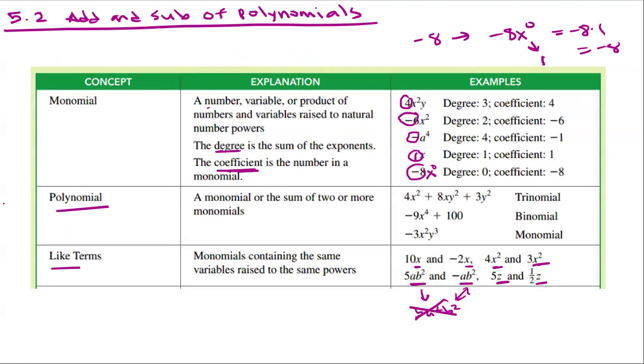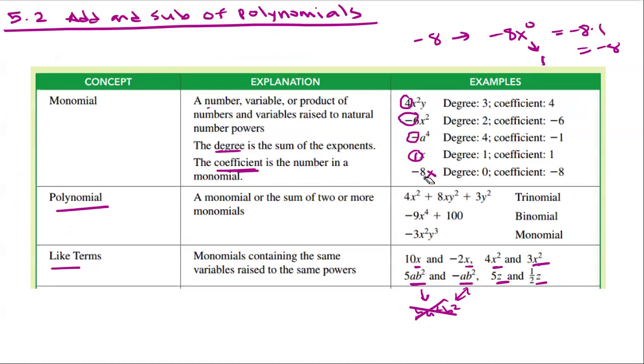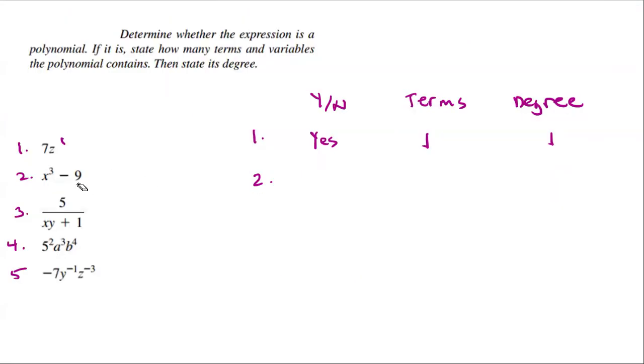You can have just a number, right? So erase this part here, right? You can just have a number, all right? But normally that number is x to the 0 power. They don't write it, but that's what's there. So this is a polynomial, okay?